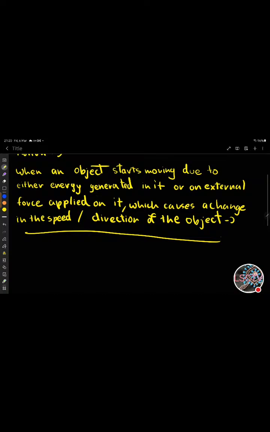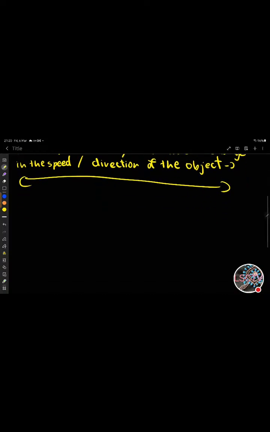Which causes a change in the speed or direction of the object. Let's say this is a heavy box, and this is you. You push it, and you notice that the object starts moving. Remember in your 8th grade, you learned a chapter called force and pressure.